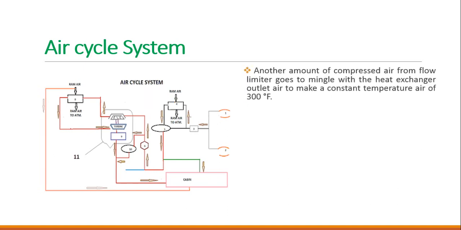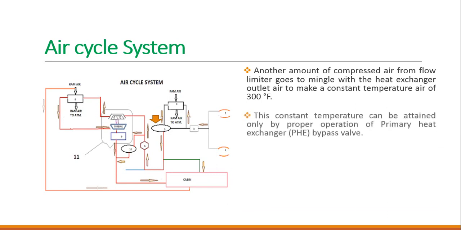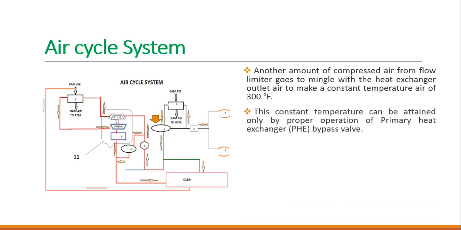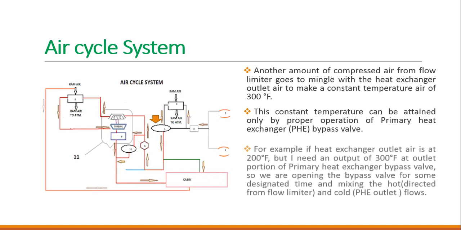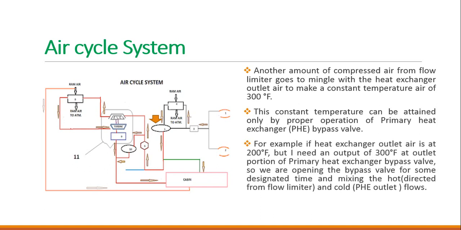As I told, a partial amount is taken to the heat exchanger. The other amount of compressed air from the flow limiter goes to mingle with the heat exchanger outlet air, to make a constant temperature of 300 degrees Fahrenheit. This constant temperature air is attained by operating the primary heat exchanger bypass valve.